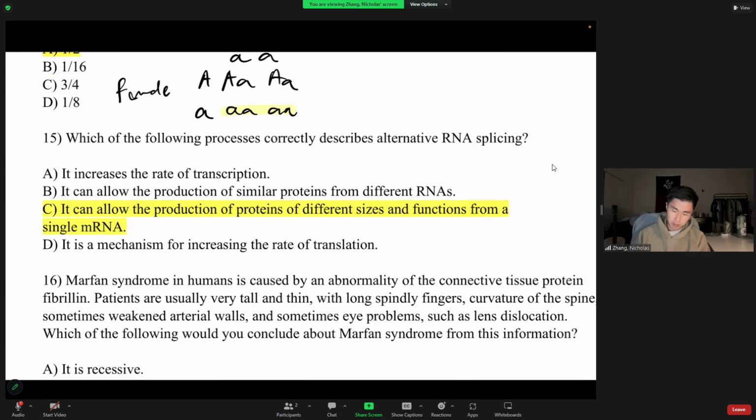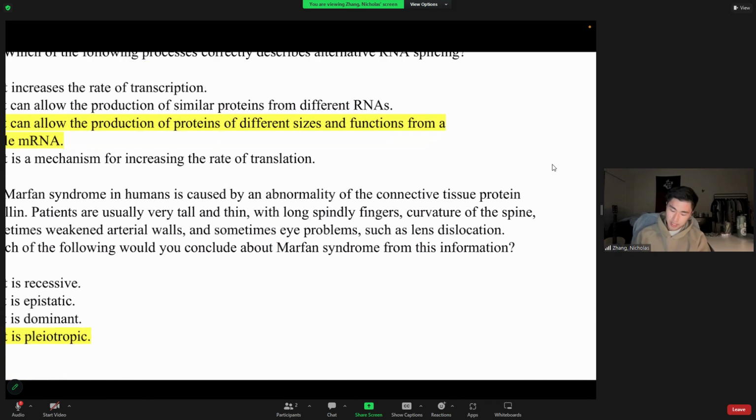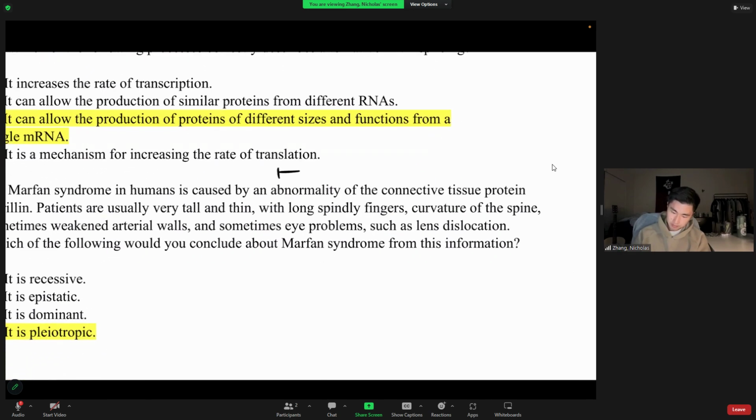15. Which of the following processes correctly describes alternative RNA splicing? It can allow the production of proteins of different sizes and functions from a single mRNA, right? So a pre-spliced mRNA might look like this.